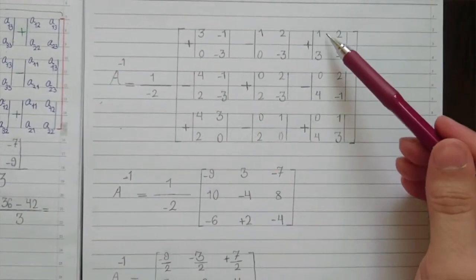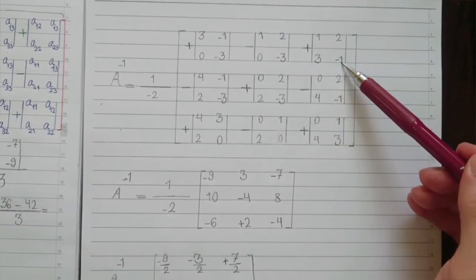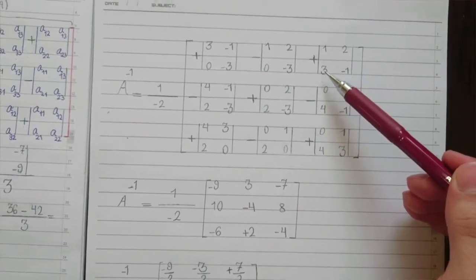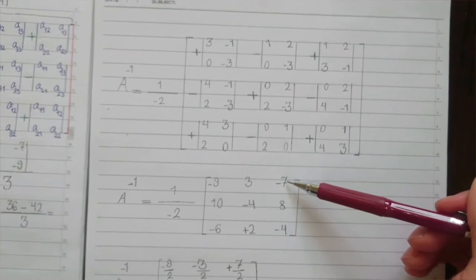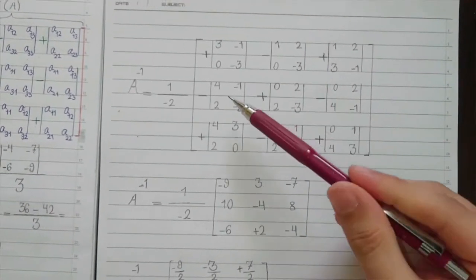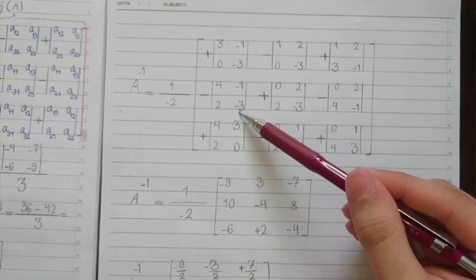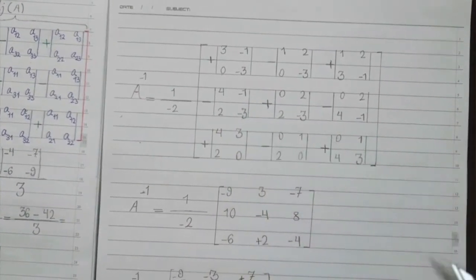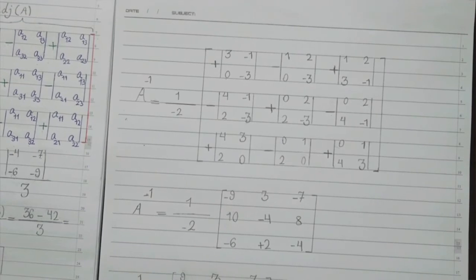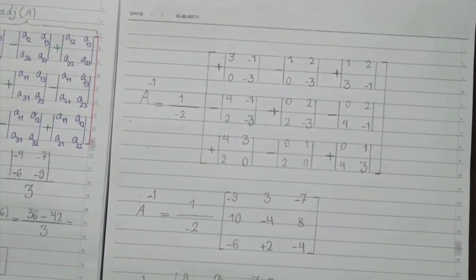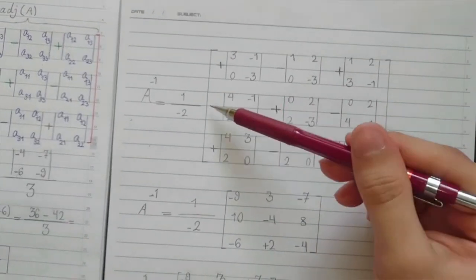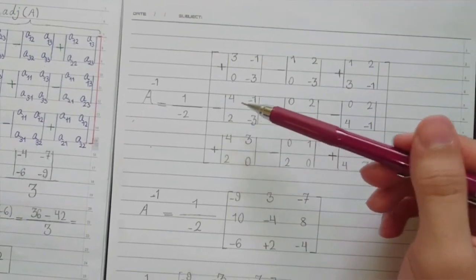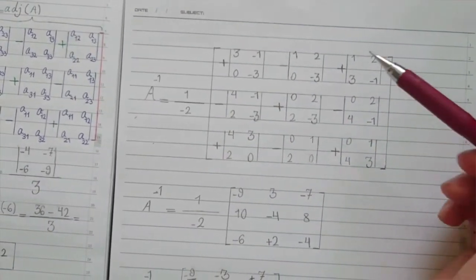Okay, and here we have 1 times negative 1 minus 2 times 3, which is going to be negative 7, and here 4 times negative 3 minus negative 1 times 2, which is going to be negative 10. Actually, we have another negative here, negative, negative 10, it's going to be 10.